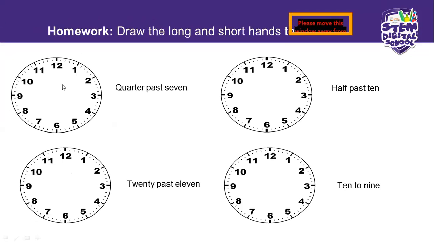What you're going to do is draw the long and the short hands or the arms to show 7:15, 10:30, 11:20, and 10:50.